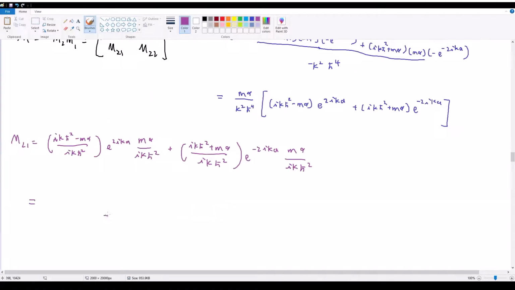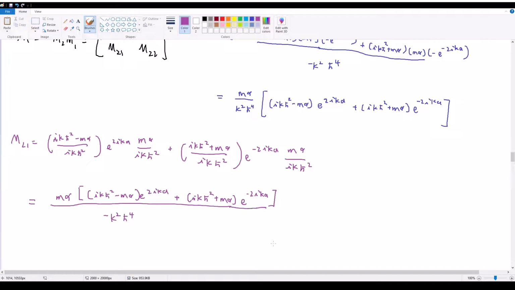At the bottom, it's going to be negative k squared h bar fourth. And then at the top, we have m alpha times ik h bar squared minus m alpha times e to the 2ika. And then we are adding ik h bar squared plus m alpha times e to the negative 2ika. And that is our third element, and now we move on to our final.